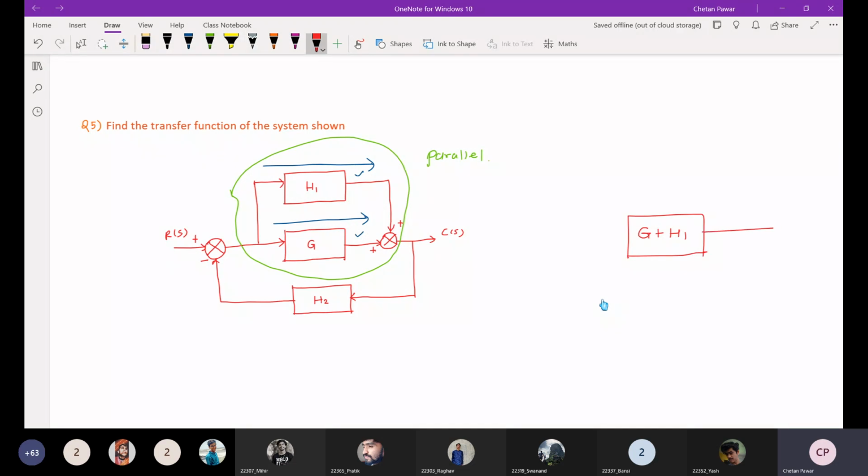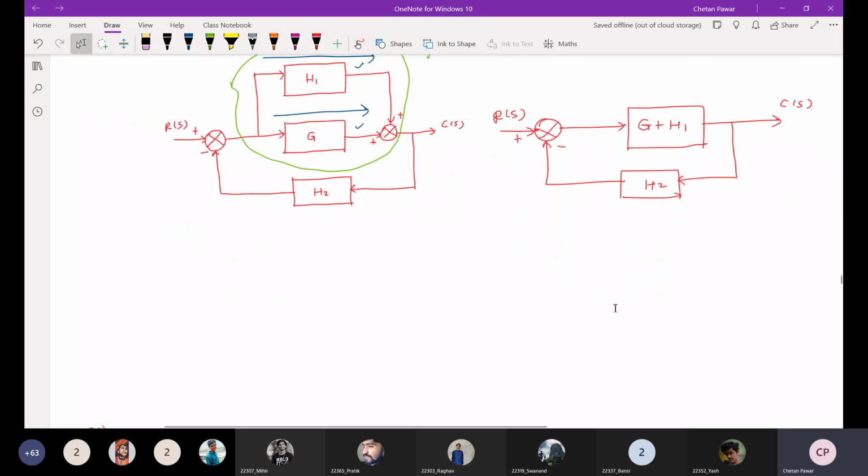That will be the resultant block gain. Now you can reduce this inner loop. So you tell me what will be the resultant block gain here if we reduce this closed loop negative feedback.